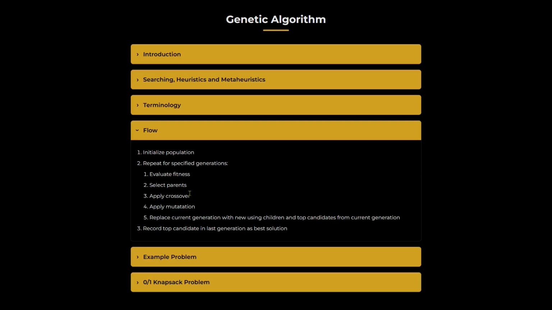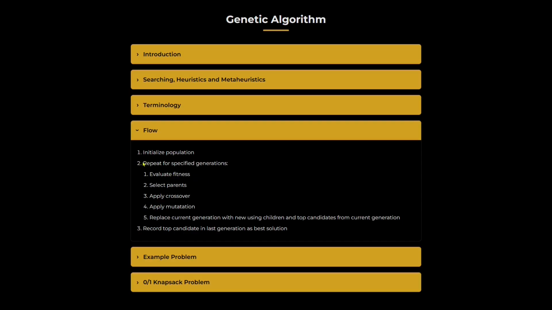Then these offsprings go through mutation, and finally we build the next generation using these children. And if we want, we can keep a few of the top performers from the previous generation. This is called elitism. It is used to prevent the best fitness from dropping from one generation to the next.